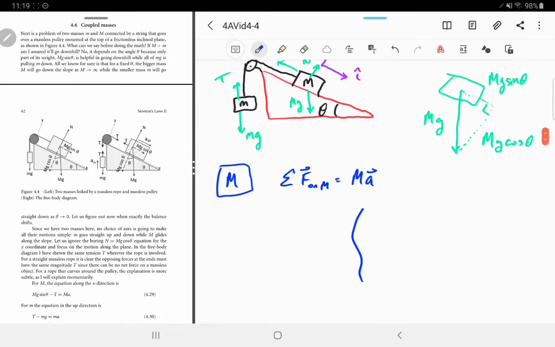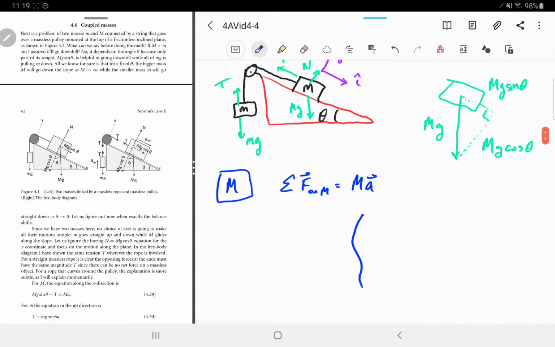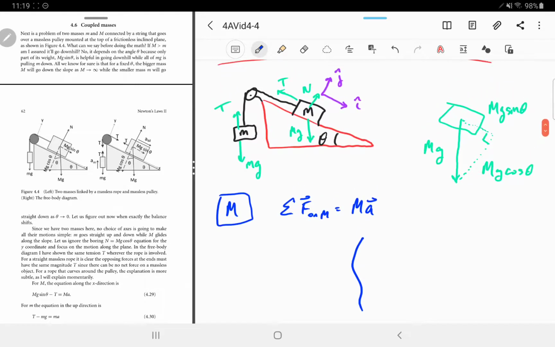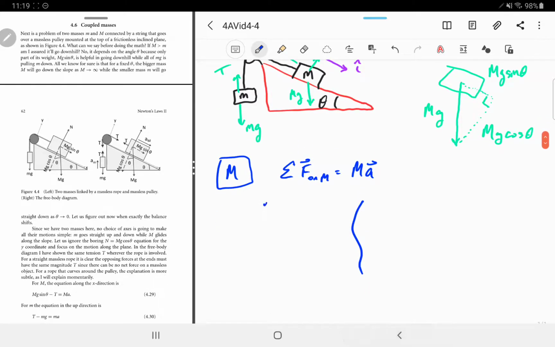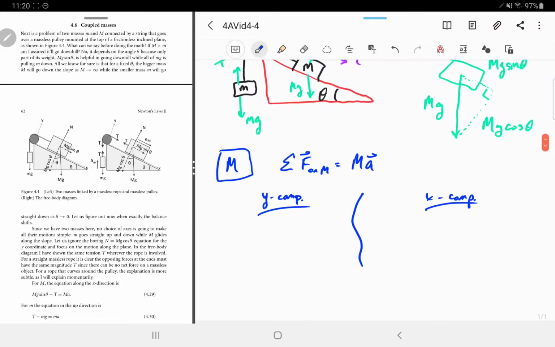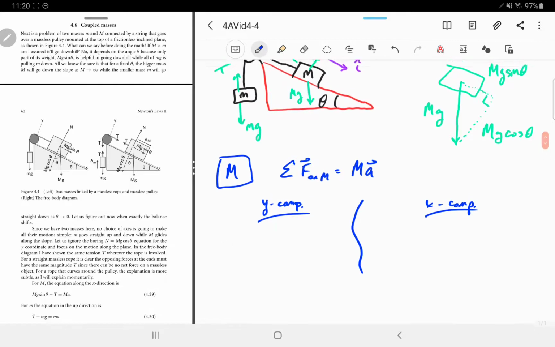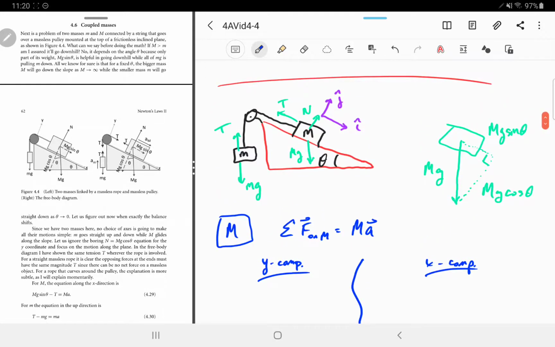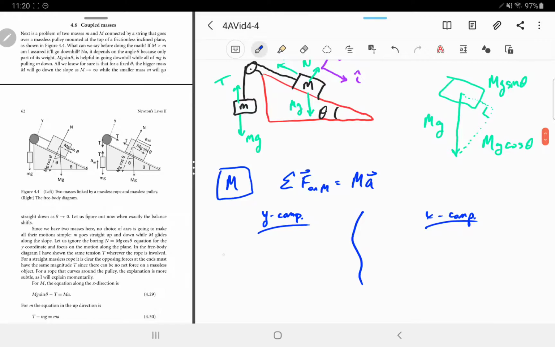The y components aren't too, there's not too much information contained there. So let's separate the y components and the x components of this equation. All the y components are saying is that the only force that has a positive y component is N, and all of the normal force is in the y component.